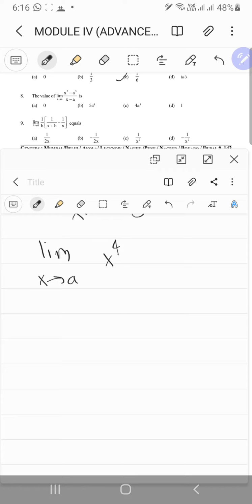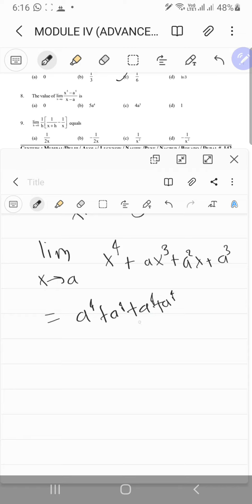This is (x minus a) into (x to the power 4 plus a x cubed plus a squared x plus a cubed). Yeah, that's more like it. Into (x minus a) upon (x minus a), so that gets cancelled, right? So this is just going to be a power 4 plus a power 4 plus a power 4 plus a power 4, right? Yeah, it should be square over there.